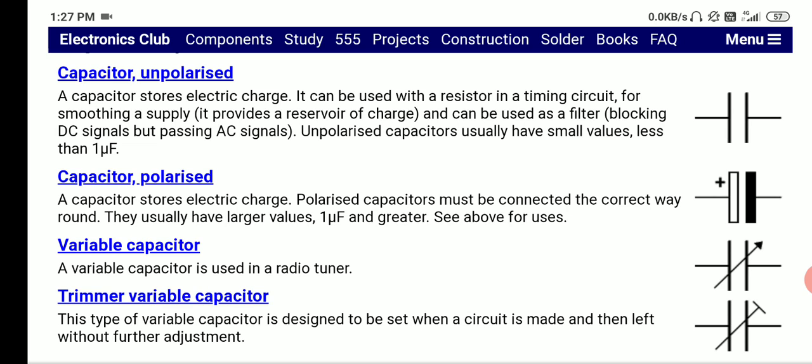Your capacitor is used as a blocking device, a block capacitor, as it directly blocks the DC and allows your AC signals. Do you know what DC and AC are? A DC signal is just direct, constant, direct current. It doesn't have any cycles. But in AC signals, you have a positive cycle and a negative cycle.